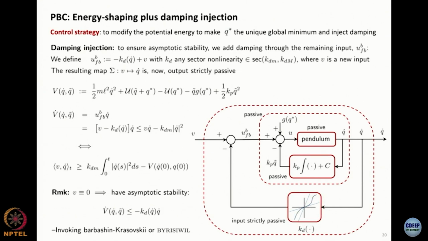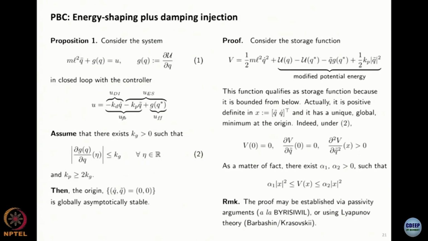Okay? So if I inject that, I will inject dissipativity in my system, and I will make the whole thing output strictly passive. So this block will be input strictly passive, but the whole block here will be output strictly passive.